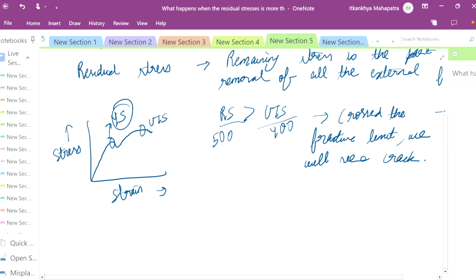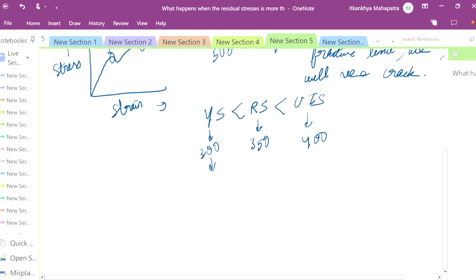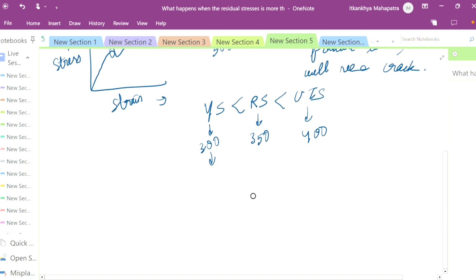Now, when the residual stress is more than the yield stress, but less than the ultimate tensile strength, suppose this is 300, 350, and this is 400, a permanent deformation will occur.